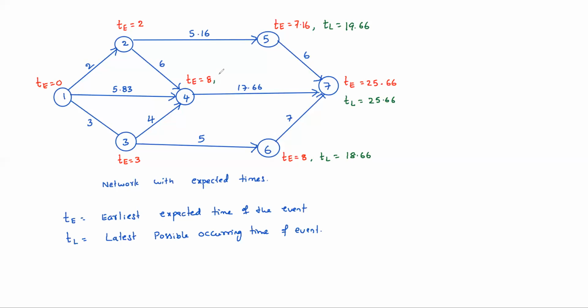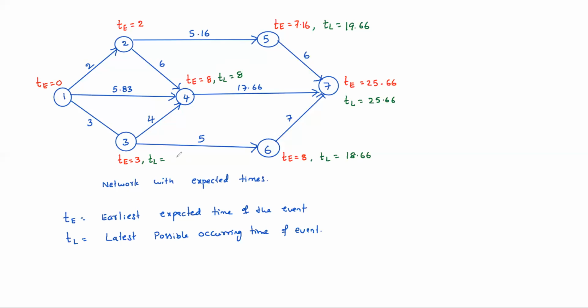Coming to the 4th event, TL equals 25.66 minus 17.66, obviously 8. Now event 3, TL equals 18.66 minus 5, that is 13.66. From the other route, 8 minus 4, that is 4. The least should be taken, right?